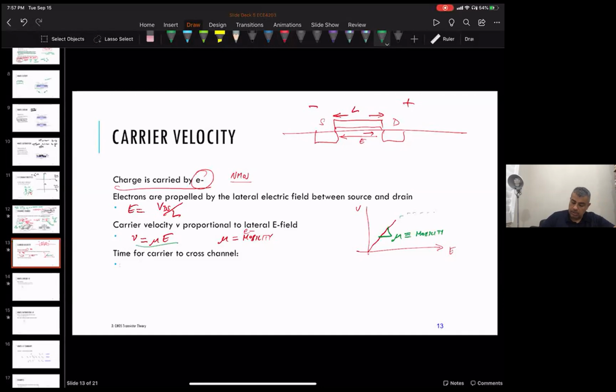So this velocity is the length of the channel divided by the time to go across the channel. Solving for the time, it's the channel length over this velocity.